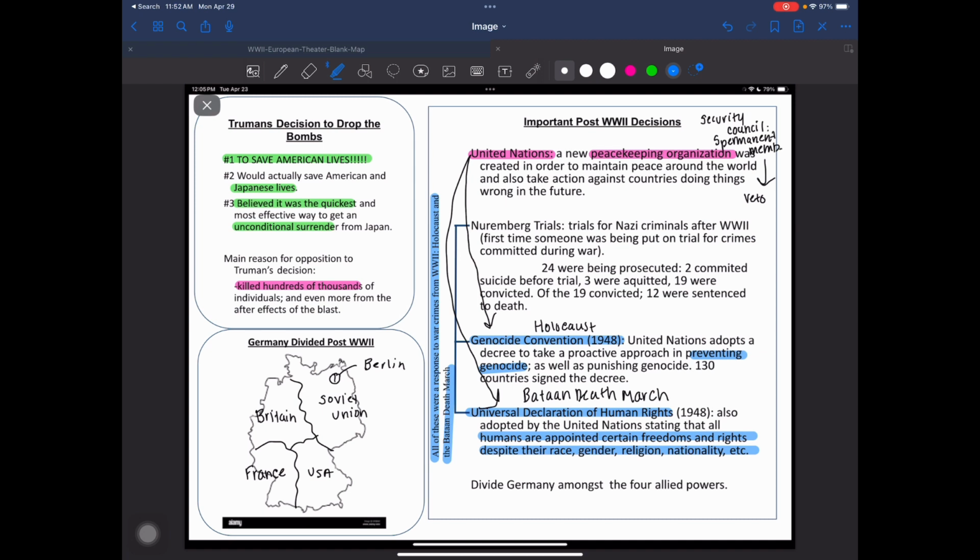Now, to kind of go back, make sure we don't miss it, we get the Nuremberg trials. And these Nuremberg trials are different because we kind of all understand that there's going to be some ugly parts of war. Of course, there are killings and things like that. And in examples of total war, like World War I and World War II, it's not going to be killing just of soldiers.